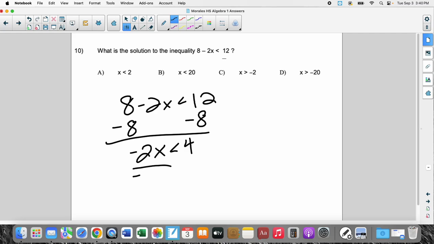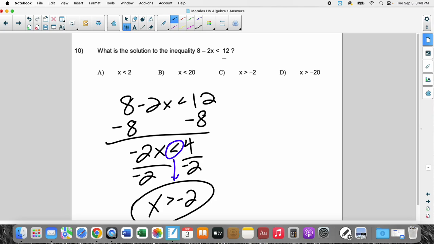We're going to divide both sides by a negative 2. And whenever we multiply both sides of an inequality by a negative, we must flip the inequality. It goes from less than to greater than, and then 4 over negative 2 is negative 2. So my solution is going to be x is greater than negative 2. That's going to be C.